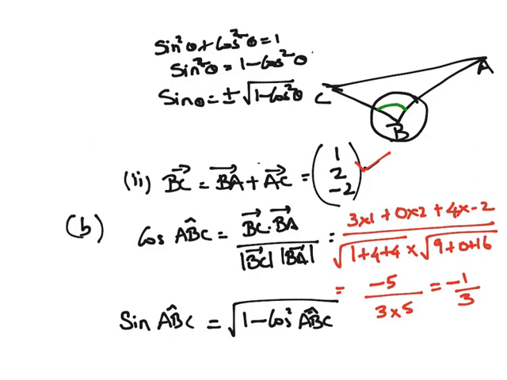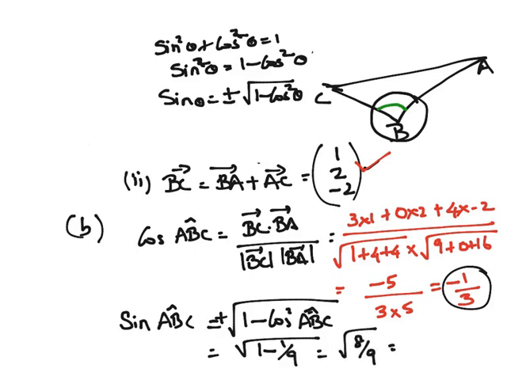So it lies in the second quadrant where sine is positive. Sine values of obtuse angles are positive, so that's why I have taken the plus root. So I get the square root of 1 minus 1 by 9, so square root of 8 by 9, which gives 2 root 2 by 3. So sine of ABC is nothing but 2 root 2 by 3.